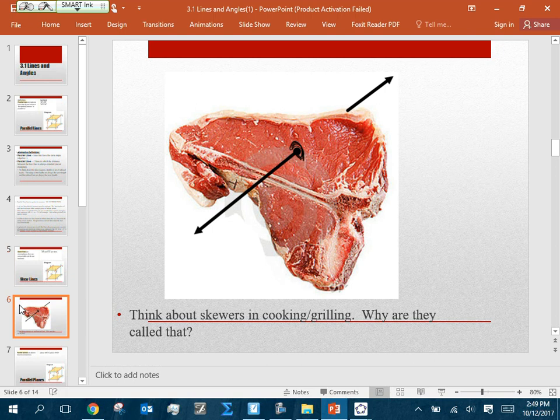I think about the surface of that steak as a plane. If I take a Sharpie and draw a line on the steak, in the plane of that steak, will my skewer ever intersect that line? No. Therefore, the skewer as a line and the line I drew are skewed to one another. That's why they're called skewers. Does that make sense? That helps me remember the difference between parallel and skew.